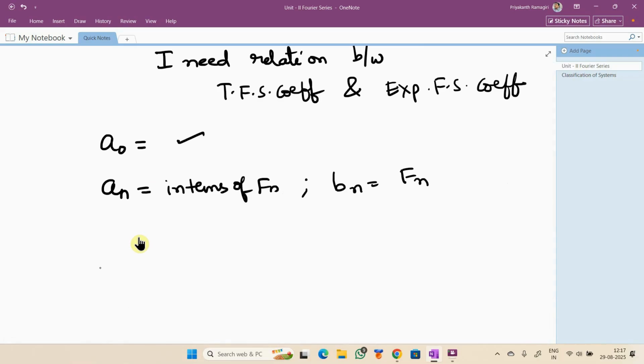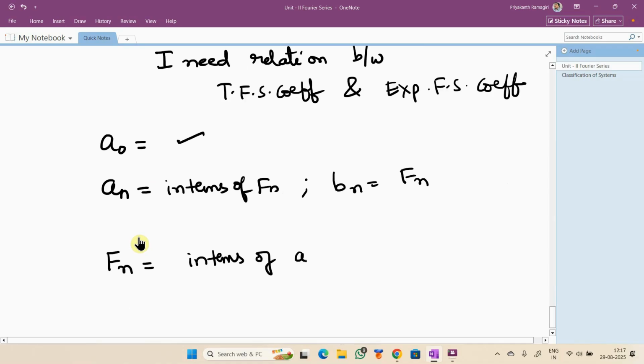Similarly, I need fn in terms of an and bn, and f minus n in terms of an and bn.